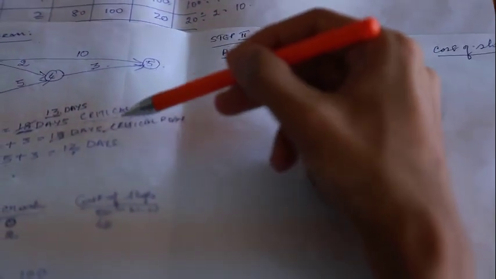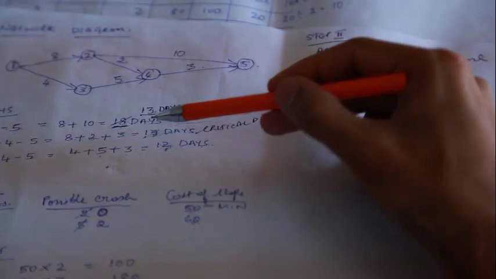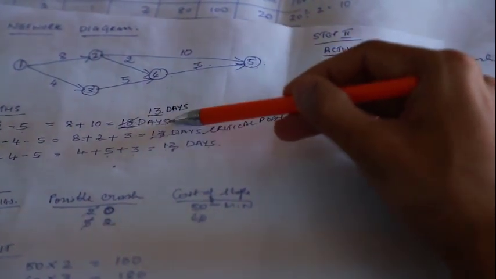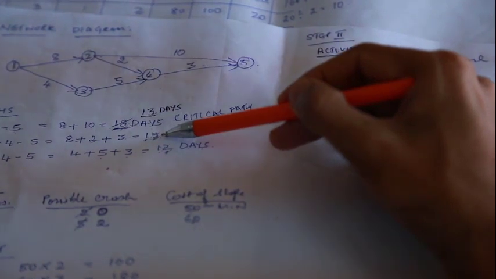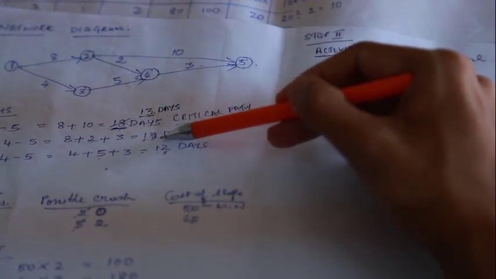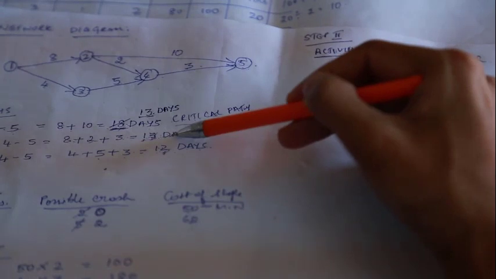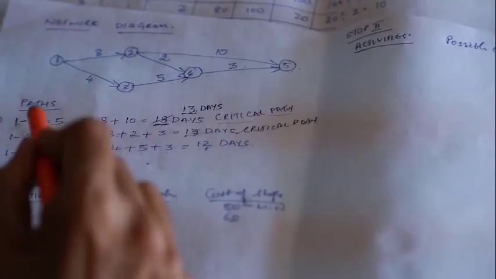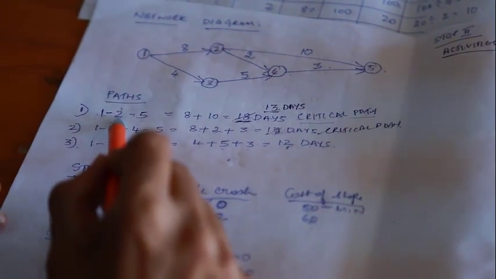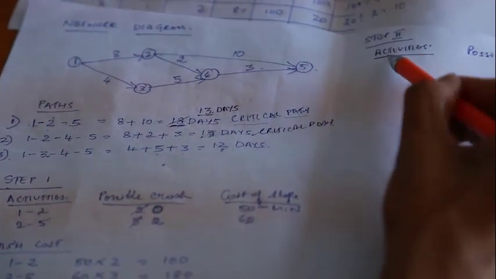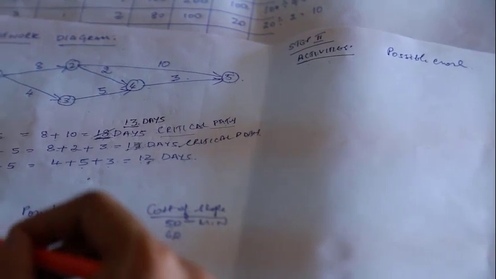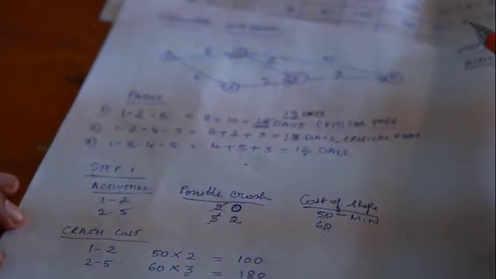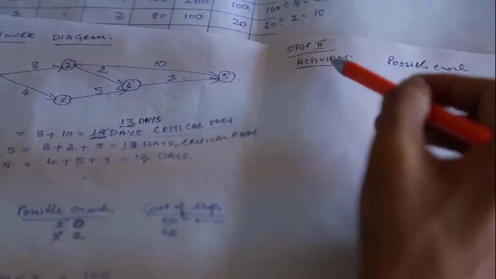Right now we have 2 critical paths, path 1 and path 2, taken as critical only because they have the maximum number of days. In path 1, activity 1 to 2 has 0 possible crash, so I need not take it down.